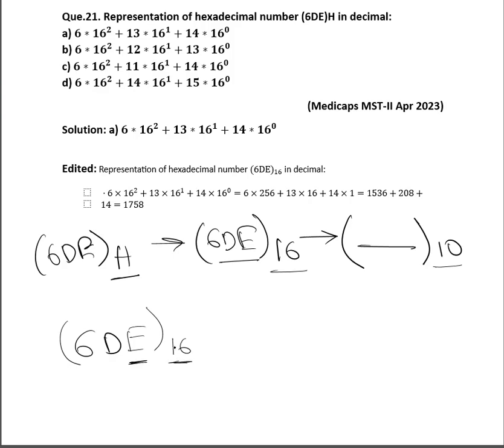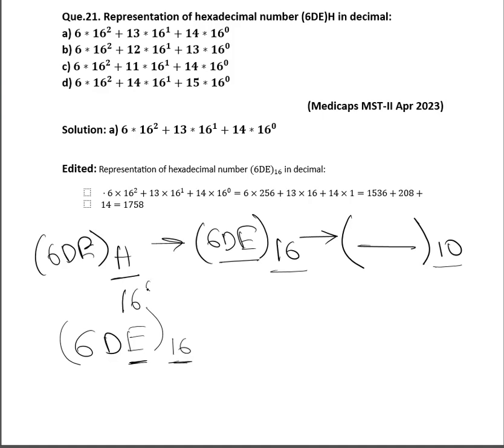We will write the positional weight as the radix to the power 0 for the number on the absolute right hand side. For E, our radix is 16, so we start the positional weight as 16 to the power 0.